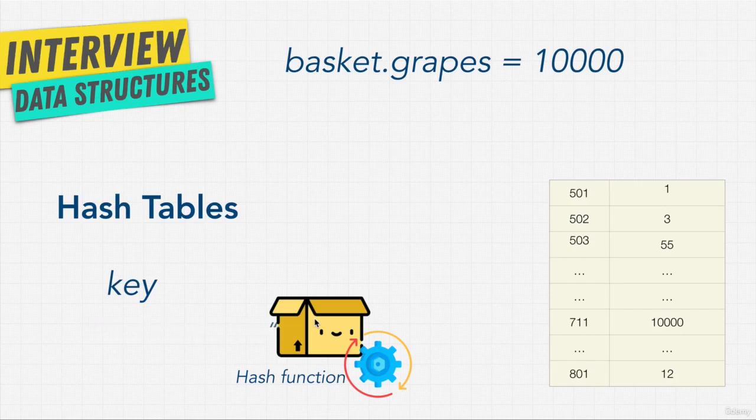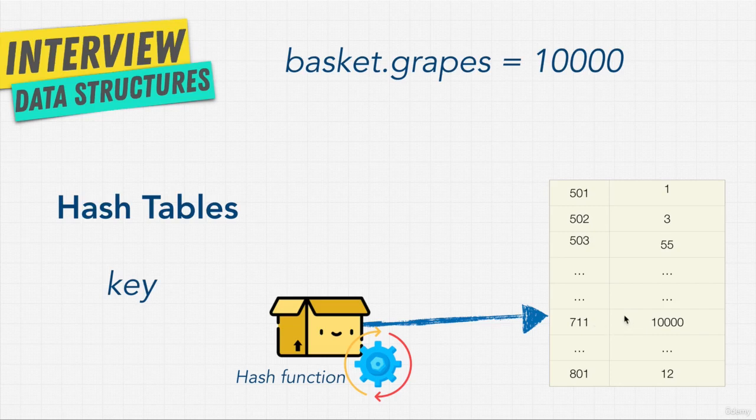All that's going to happen is we're going to pass grapes into this black box. This black box is going to do some magic, and out of it comes an index where we want to store this value. So now our 10,000 grapes can be stored in this memory address, 711.